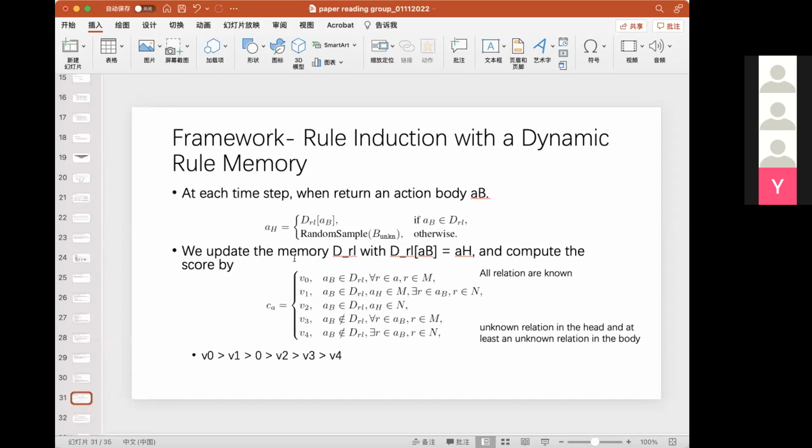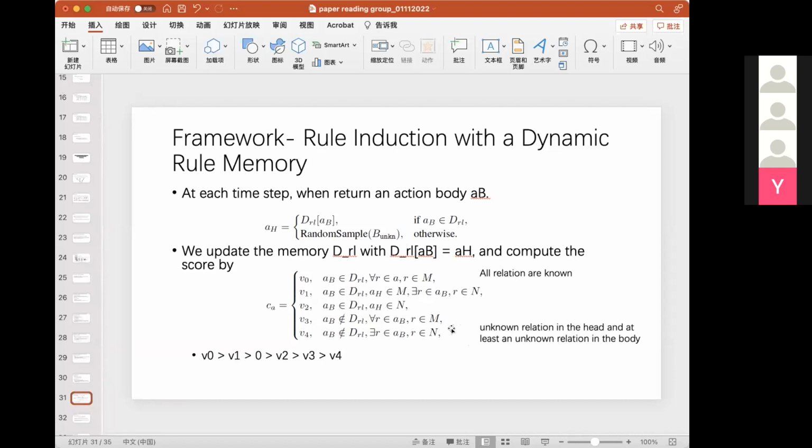And then we will update the memory hash table and compute the score by using the following formulas. The idea here is that if all relations are known, then the rule will have a relatively high score.